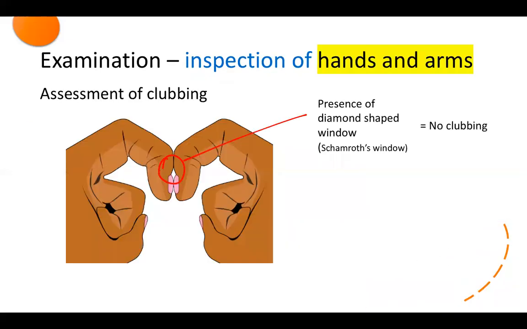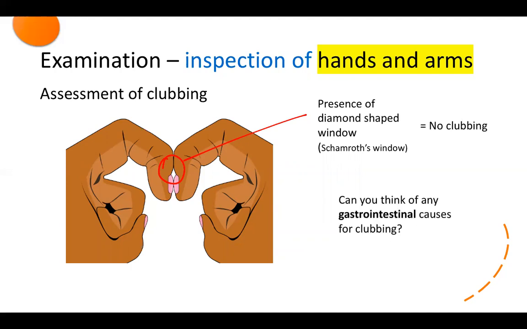So in terms of assessing for clubbing, you want the patient to put both the index fingers together, like in this picture, and then you want to observe for a diamond-shaped window. If you do see a window, that would mean there's no clubbing, and then that's all you have to say. However, if the window is absent and you suspect clubbing, then that's how it looked like.